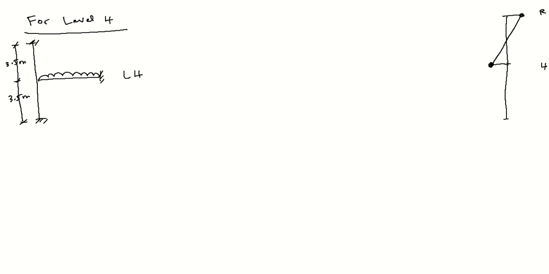We know the K of the slab is the same, which is 0.744, and K for wall lower is the same, which is 3.720, and K for wall upper, since it is the same height, 3.5 meter, is also similar, 3.720.